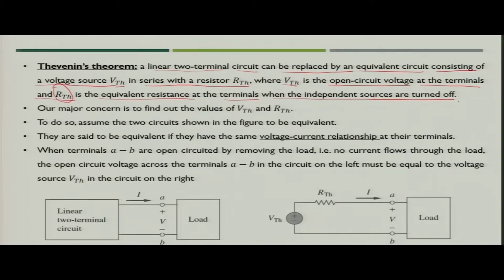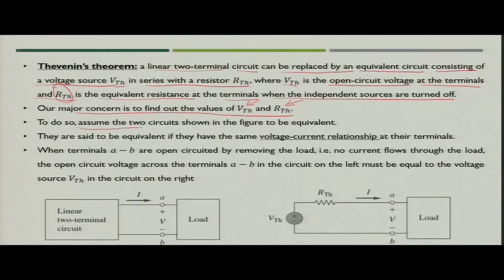The problem with Thevenin's theorem is that you have to identify how you will calculate the values of VTH and RTH. If you recollect what we discussed in the case of equivalent circuits, you can easily figure out how to calculate VTH and RTH.